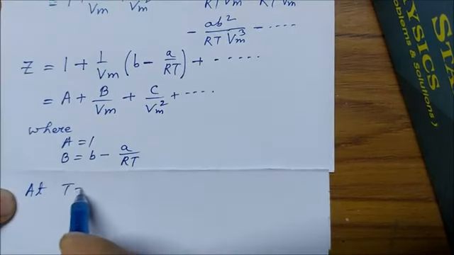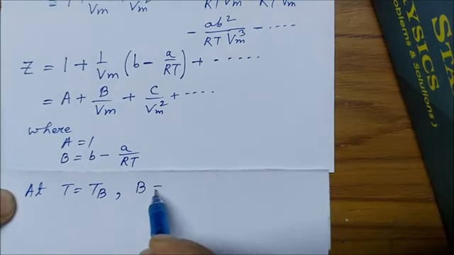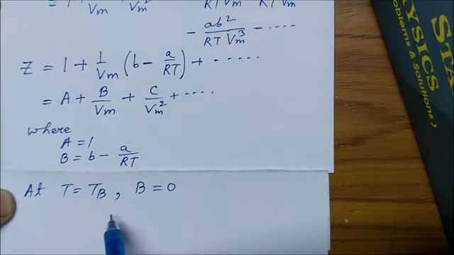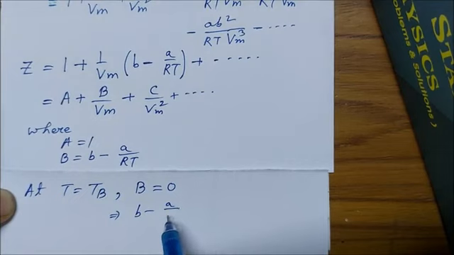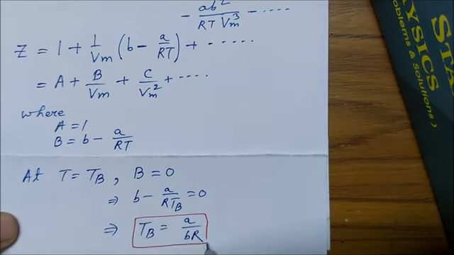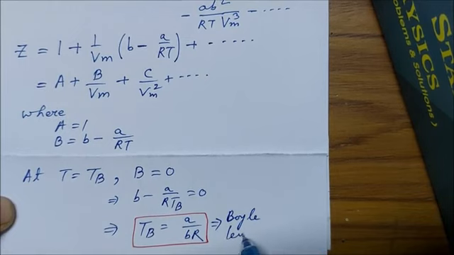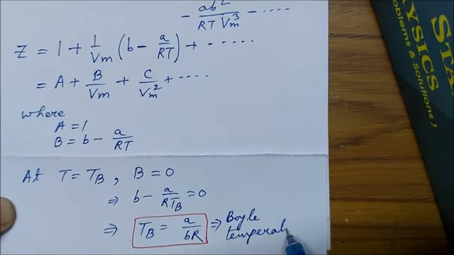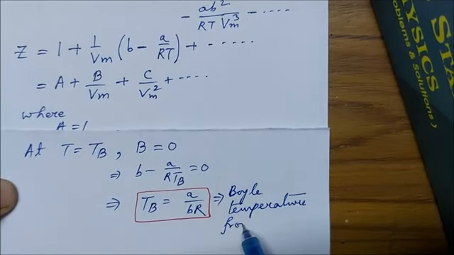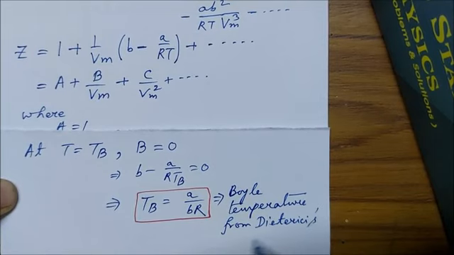At Boyle temperature, the second virial coefficient is 0, and therefore we have from here, which gives, so this is the expression for Boyle temperature from Dieterici's equation of state.